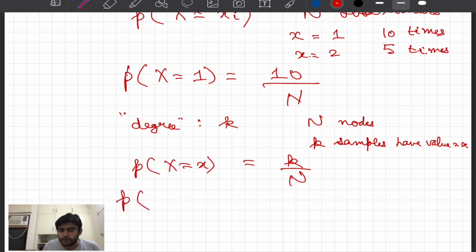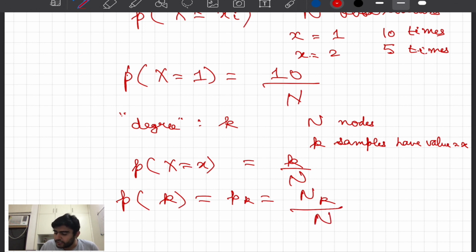We also denote the probability that a particular node would have a degree equal to k as pk. In this case, instead of x, we are interested in how many nodes have degree equal to k divided by the total number of nodes that we would have in our network.